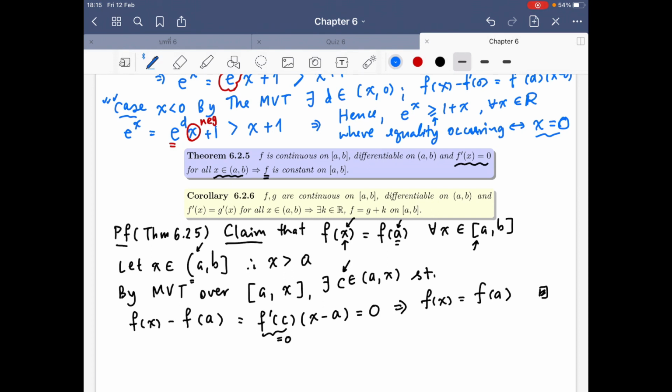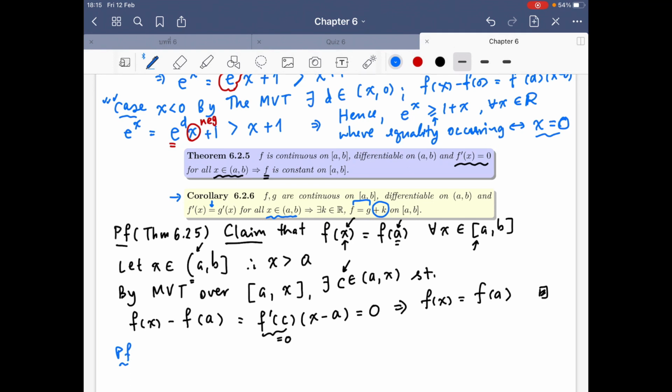So we have this theorem. How about the corollary? The corollary says that if f prime and g prime actually have the same value for all x inside this open interval, then it means that f and g are almost equal, but they just differ by a constant k.